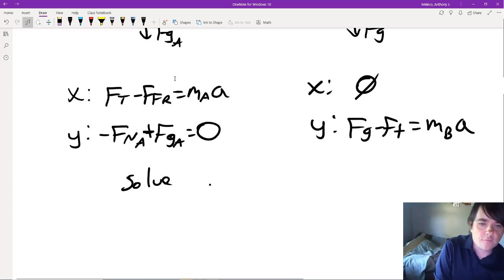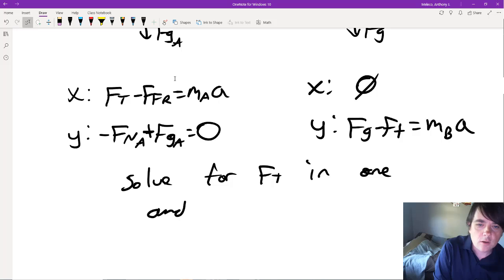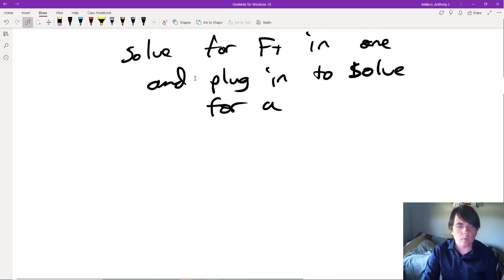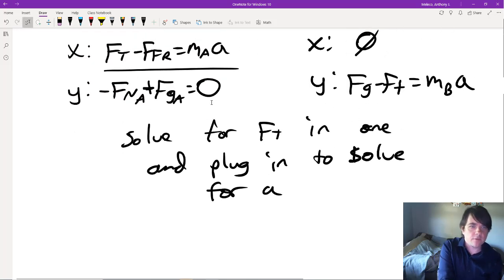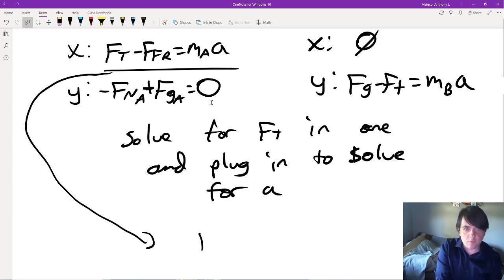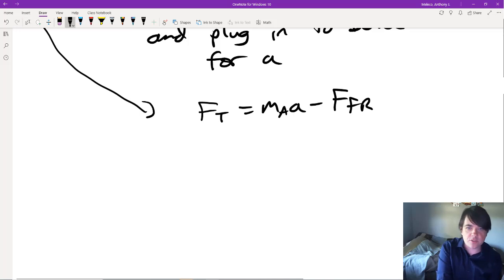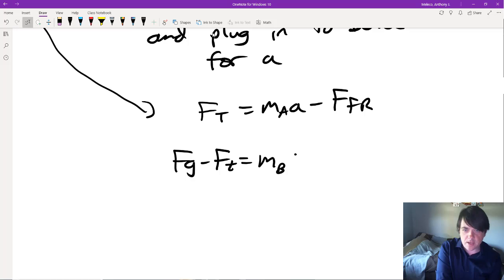So solve for Ft in the first equation and plug in to solve for a. Honestly, it's probably easiest to use this one, so we're going to bring this equation down here. Ft equals MA a minus the force of friction. Now the second equation is Fg minus Ft equals MB a.